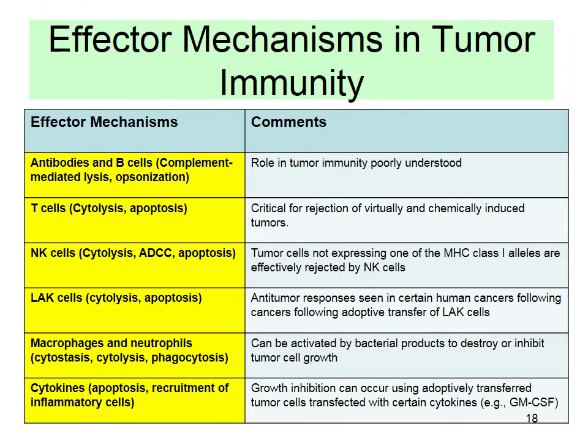So now you can see from here, these are different components that we've been discussing over and over again. We discussed antibodies and B cells, we talked about T cells, NK cells, LAK cells, macrophages, cytokines. All of these are players of the immune system, and each one of them has a very specific purpose. But if there is a problem with that, right?